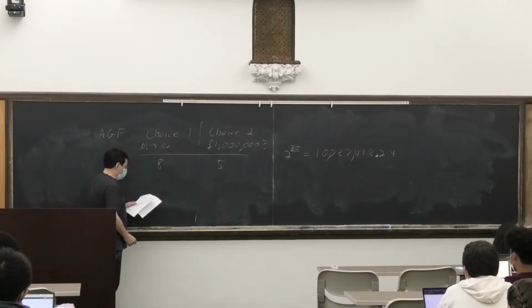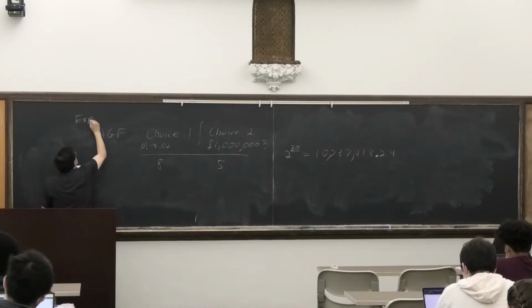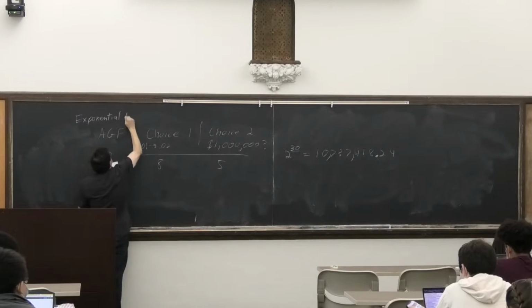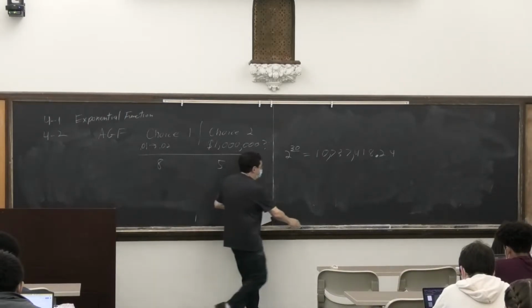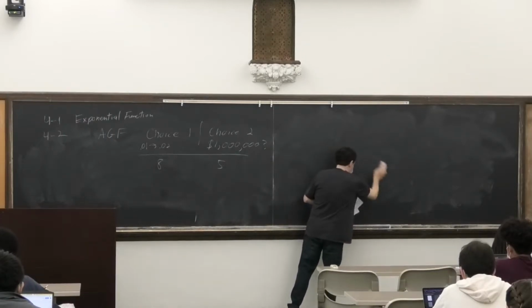Here we're talking about an exponential function. This is going to be section 4-1, and maybe we'll get on to 4-2. Exponential functions. 2 to some big number can be a big number.